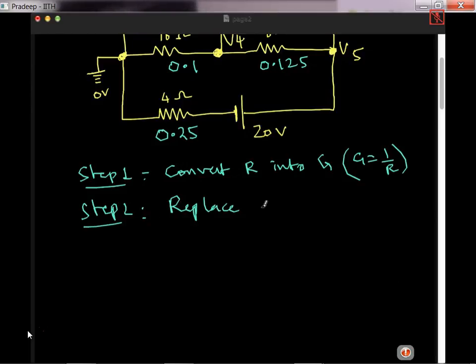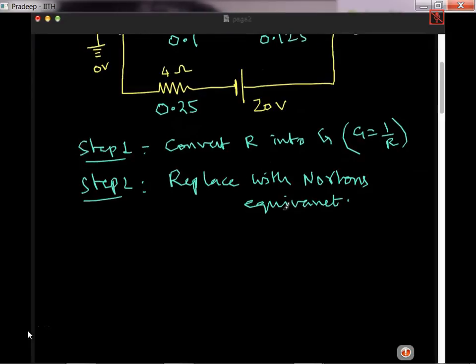replace voltage sources with Norton's equivalent. So what is Norton's equivalent?